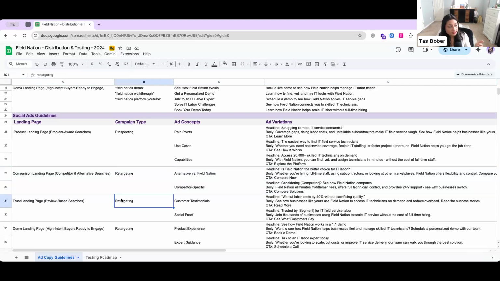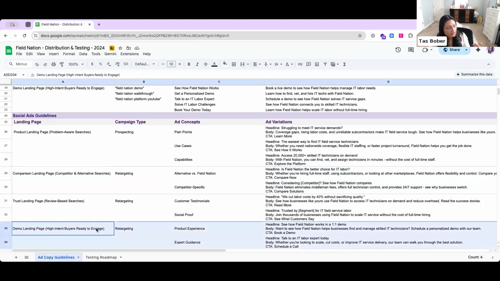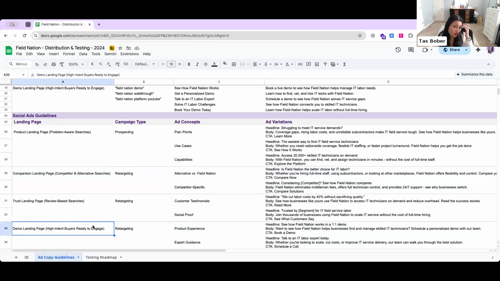You can then retarget the stages that are a little later, where they're vetting you to make sure that you're legit against the peers. You run the retargeting there with the trust landing page. And then you have the demo page. Most B2B companies will just create this demo page, but I always say it's like asking somebody to marry you before you've gotten to know them.